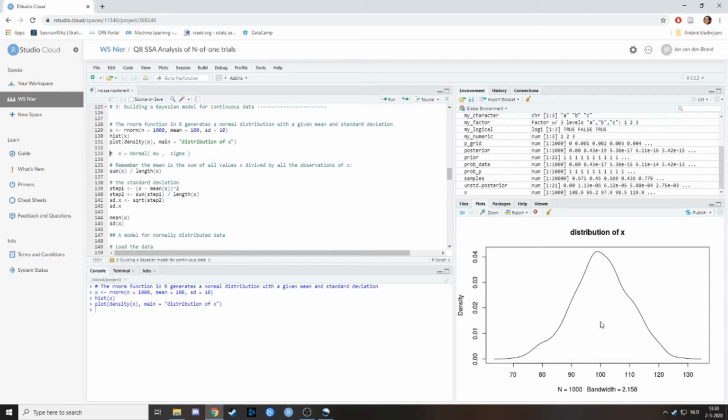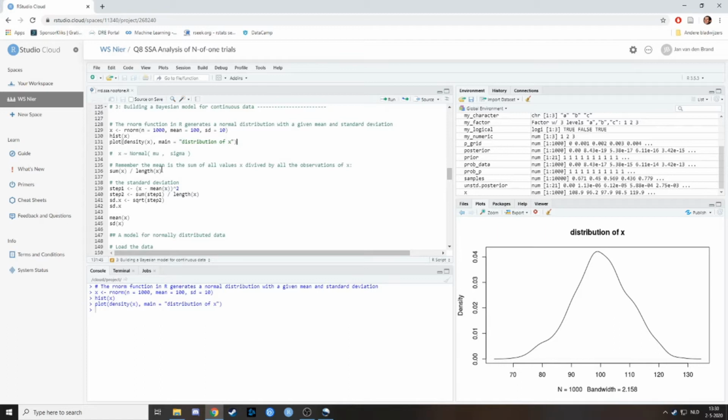And here we can see that indeed the peak of this density plot is at 100, and about 95% of the values would be between 80 and 120. So the normal distribution is parameterized by these two things: a mean and the standard deviation.